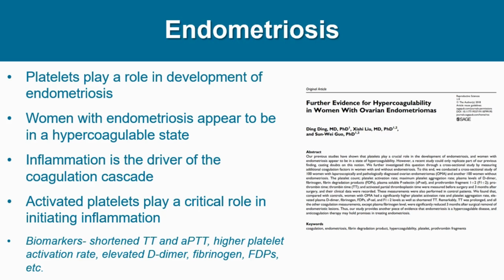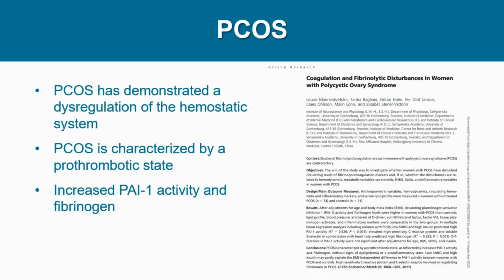So that may be the link between endometriosis and chronic and biofilm infections. There are some biomarkers that can be checked to see if they're hypercoagulable as well, so you might want to talk to your doctor about that.